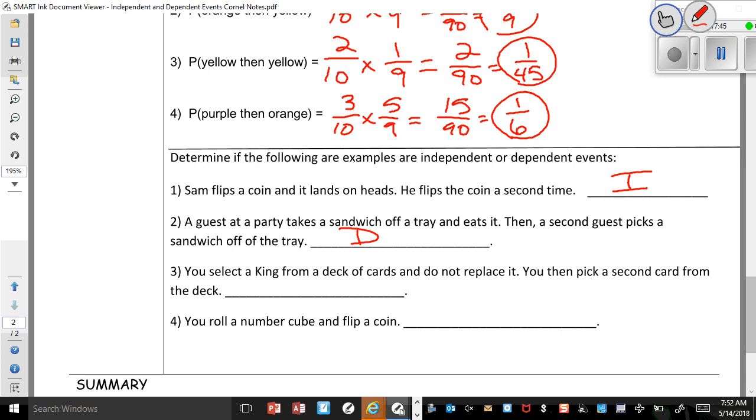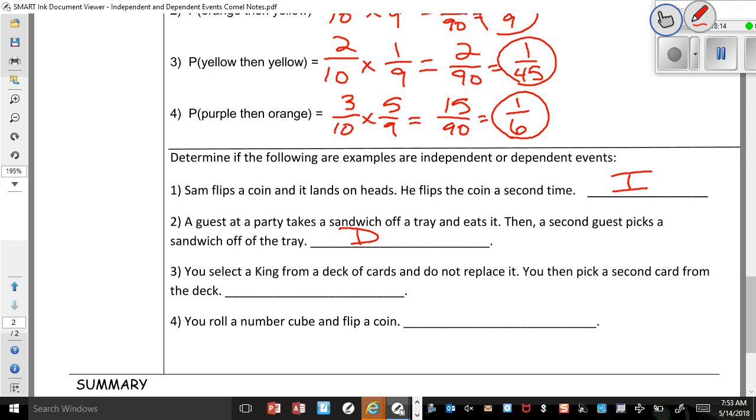But how does that affect the next? Well, all right. That's a good question. Let's say there are like 3 turkey, 4 salami, 5 tuna, 2 peanut butter and jelly. Can we specify that? Sure. So if he picks one off and eats it, there's not as many to choose from, so it does affect. Okay. You select a king from a deck of cards and do not replace it.